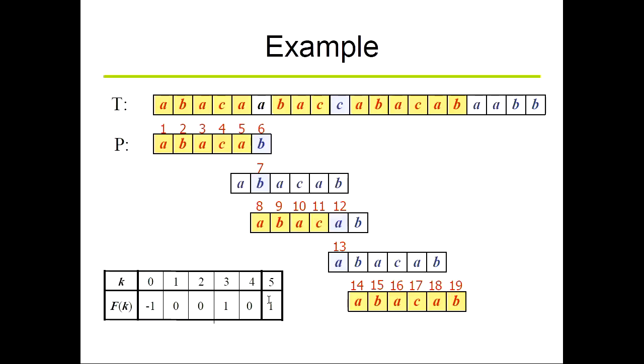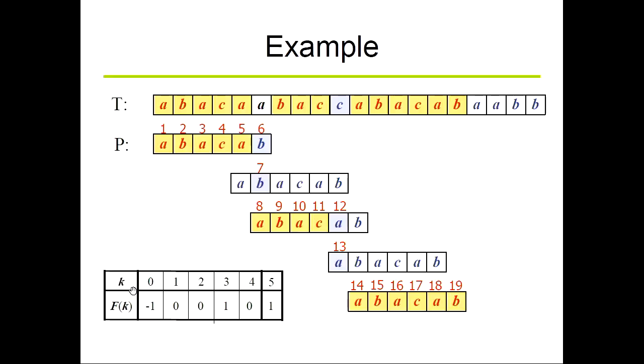If the mismatch happens at position 4, which is this A, you can shift to position 0 of the pattern. If the mismatch happens here, at C, you can shift to position 1, which is B. Why is that? Because the common prefix is A. That's how you calculate this.